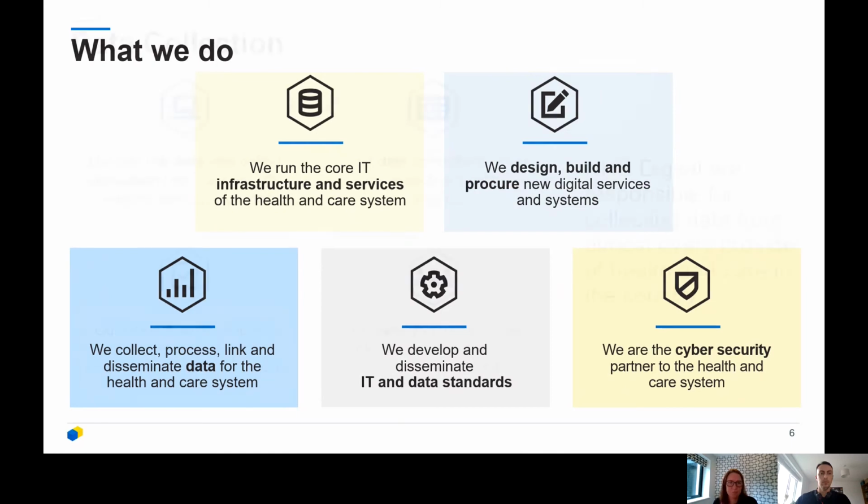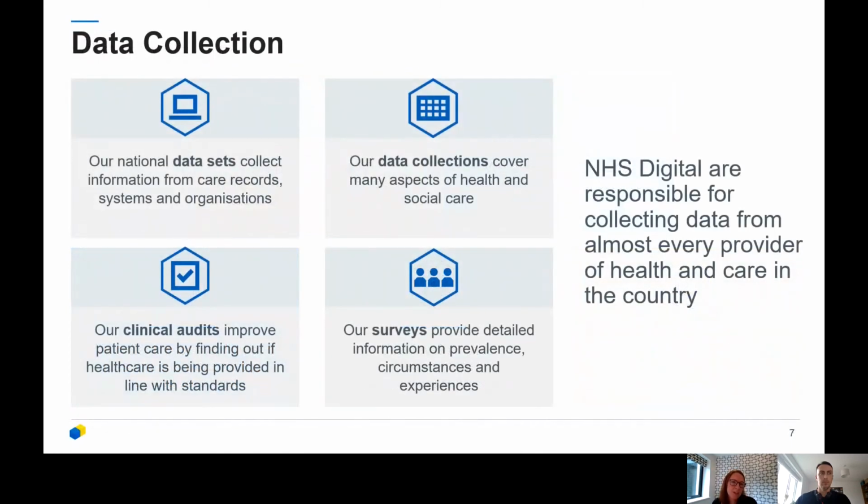In terms of the data, we use a number of different mechanisms to collect data from a variety of health and social care organisations, including NHS trusts, local authorities and independent sector organisations.